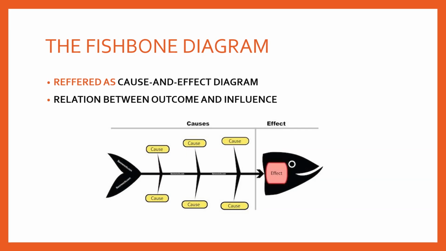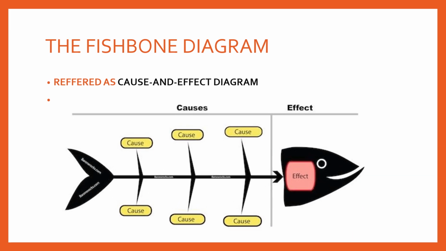Fabric inspection is an influencer, fabric cutting division is also an influencer, the sewing department is an influencer, and the pressing or finishing department is also there. So influence and outcome, both are taken into account in the fishbone diagram, and ultimately we get a relationship between these two.